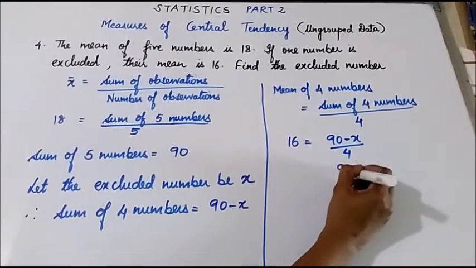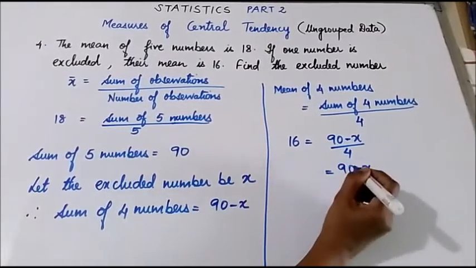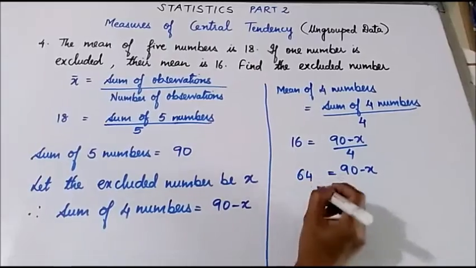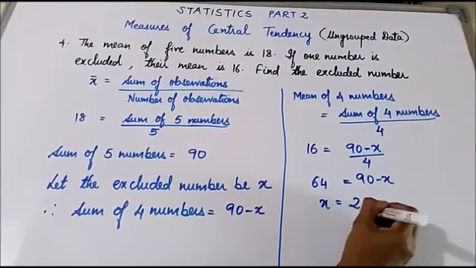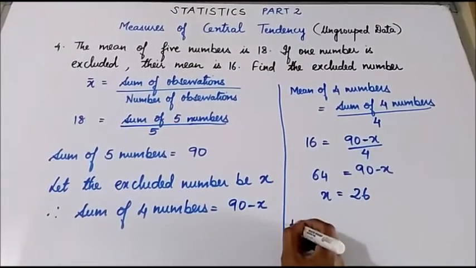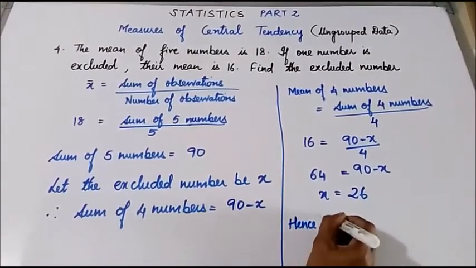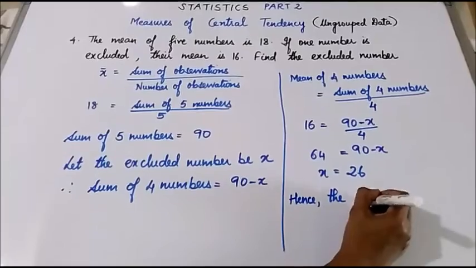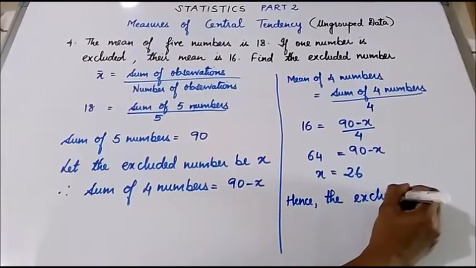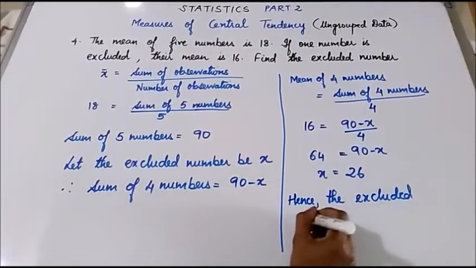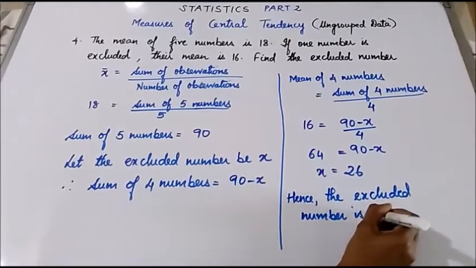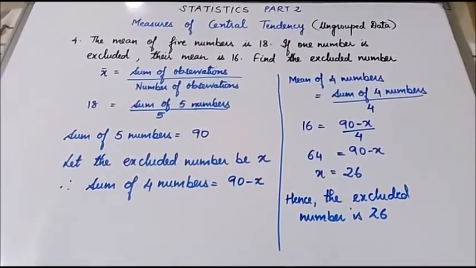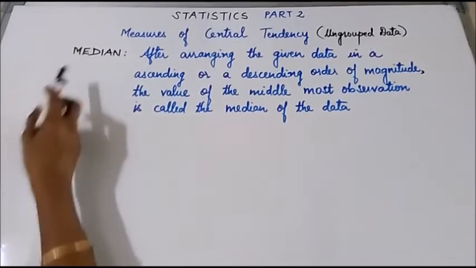So from this what do you get here? We get x equal to 90 minus 64, that is 26. Hence the excluded number is 26.